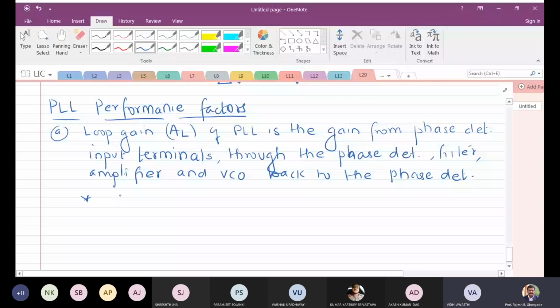So it's the phase difference phi between VI and VO, and the output is the VCO frequency change, delta F. Am I audible? Sir, your voice is breaking again.